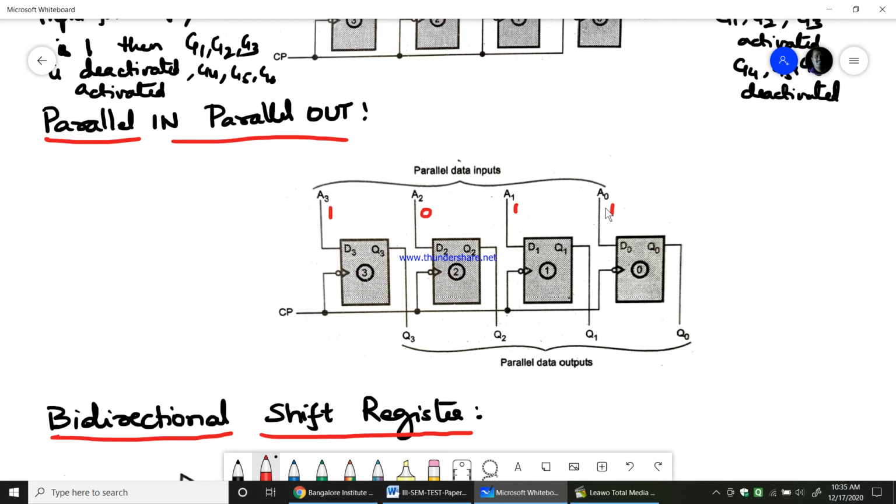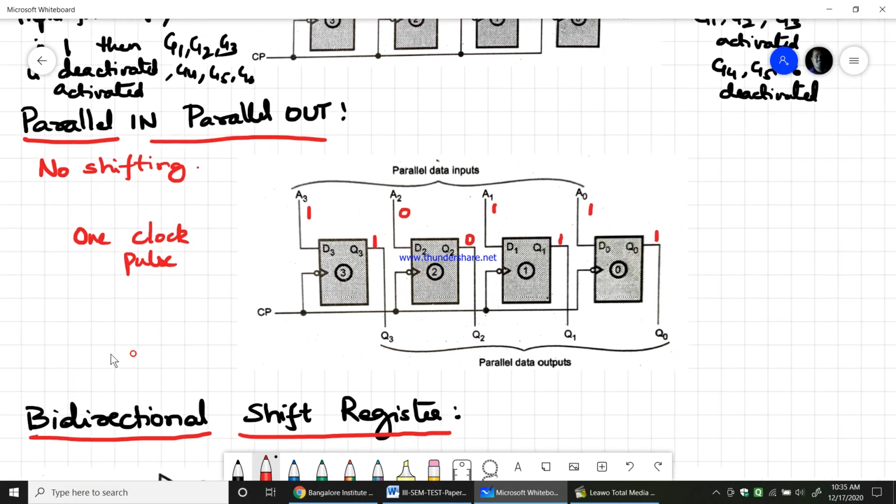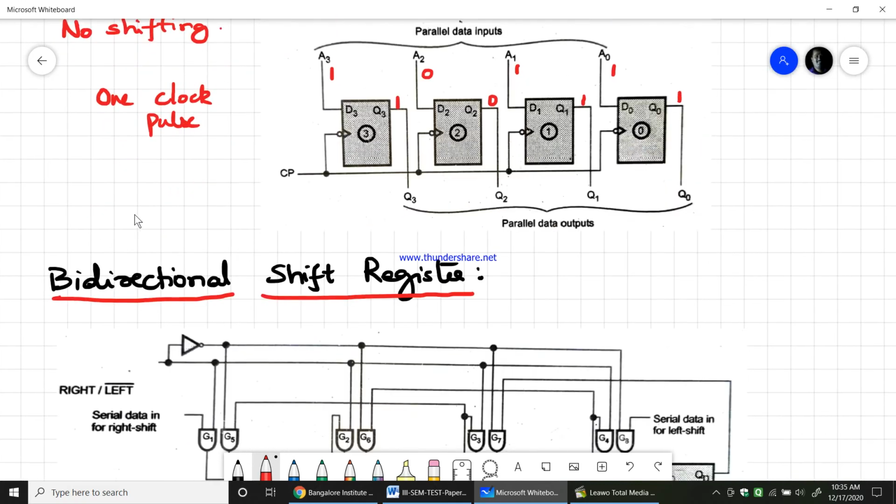The inputs given come out to the output as 1, 0, 1, 1. I directly take that as an output. I don't need any shifting operation here. I give parallel input, and I take parallel output by pressing just one clock pulse. No shifting is required in parallel out. Only in serial operations do we see shifting, but not in parallel out operations.